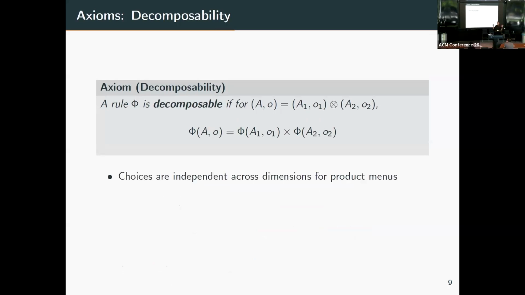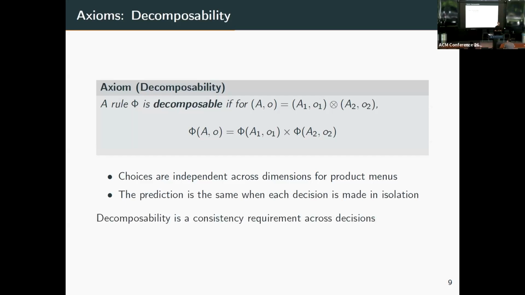So if we think about our coffee and job offers example, this means that, first of all, the choice prediction for coffee is independent of the prediction for job offers. And second, each of these two predictions is exactly the same as if it were made in isolation.